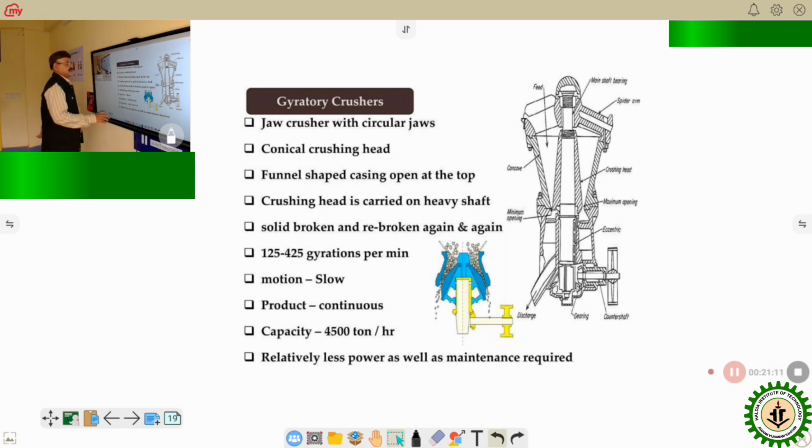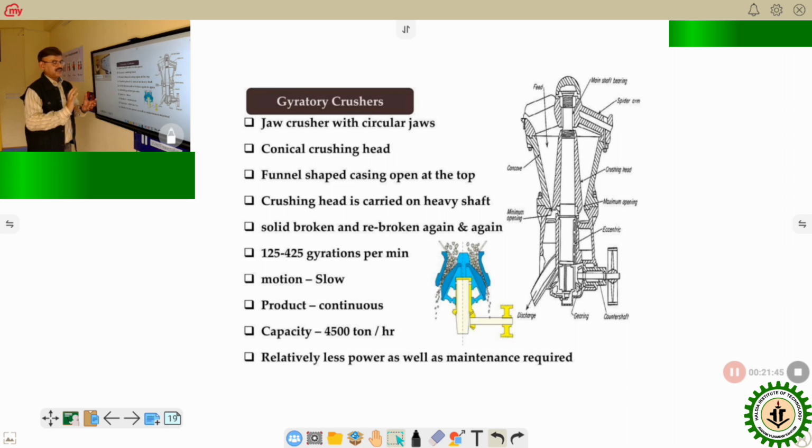Gyratory crusher has a crushing head. You see, this one is a crushing head, and its design is tapered. Material to be crushed is fed from the top. There is a gap between the wall and the head, and this head is rotated in a gyratory motion.